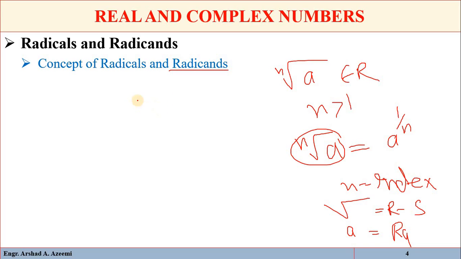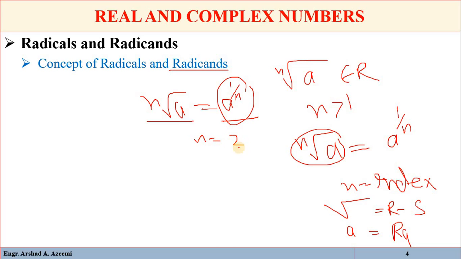So we have that the nth root of a will be equal to a to the power 1 by n. This is called the exponential form of the nth root of a. This is called the radical form, and this is the exponential form. For example, if n is equal to 2, then it can be written simply as the square root of a, there is no need to write 2, and it will be equal to a to the power 1 over 2.